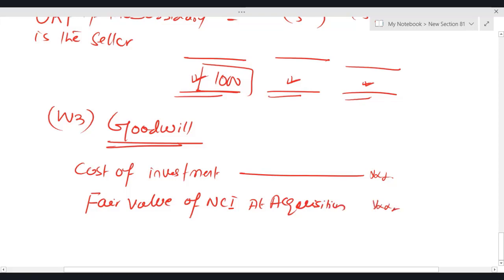Whenever it is a full goodwill method, and most of the time, students, please be mentally prepared. I'm not saying always, but most of the time you will face a full goodwill method. But partial goodwill is allowed by IFRS 3, okay? If it is a full goodwill method, which is more likely to be, examiner will give you the fair value of NCI. If it does not give you the fair value of NCI, then examiner will give you enough information to calculate fair value of NCI.